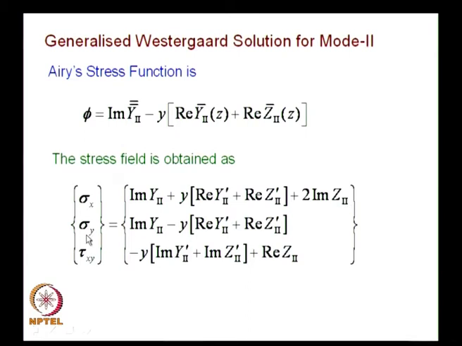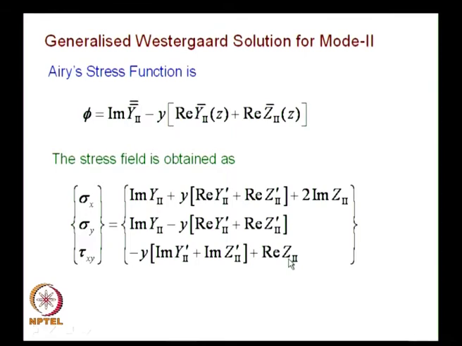Sigma y is given as imaginary part of y 2 minus y multiplied by real part of y 2 prime plus real part of z 2 prime, and the shear stress tau x y is given as minus y times imaginary part of y 2 prime plus imaginary part of z 2 prime plus real part of z 2.